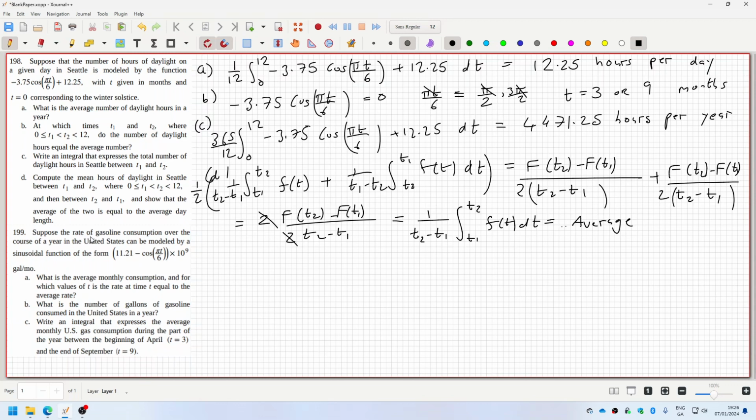Suppose the rate of gasoline consumption over the course of a year in the United States can be modeled by this function here, in gallons a month. What is the average monthly consumption? So again, over a year, it'd be 1/12, integral from 0 to 12, of that function.